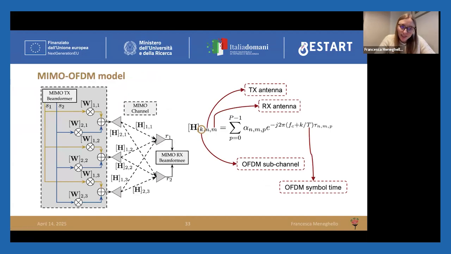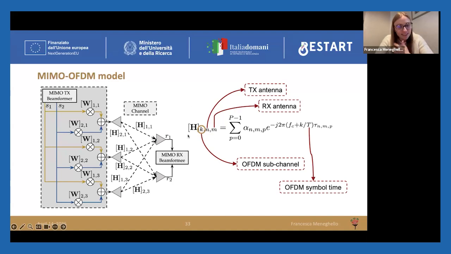So here we are talking about two multiplexing techniques, because we not only have a multiplexing in the space domain, but we also apply multiplexing in the frequency domain through OFDM. And so our channel matrix should be characterized for the different links between each transmitter antenna and each receiver antenna, but also on the different subchannels.